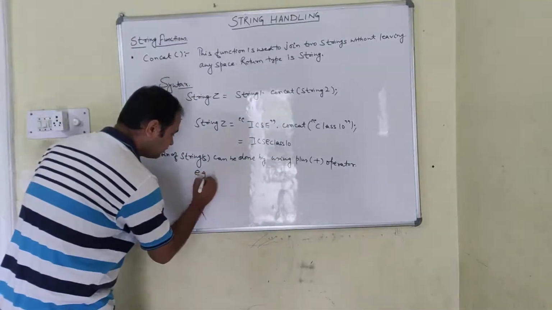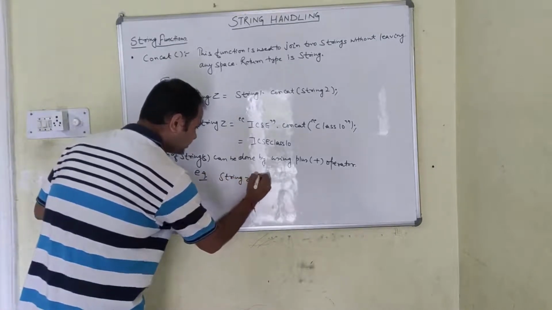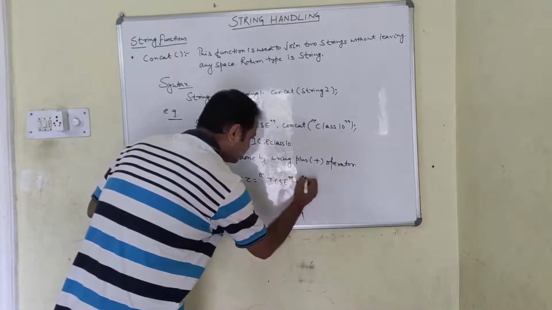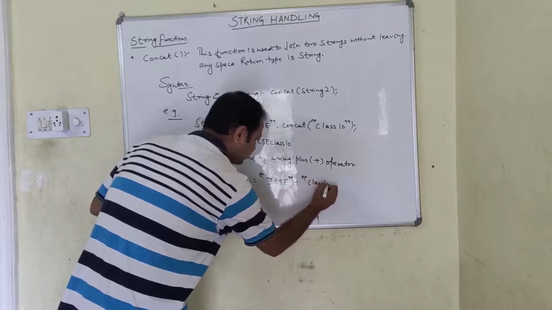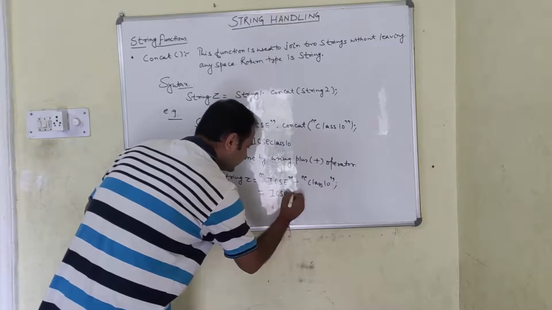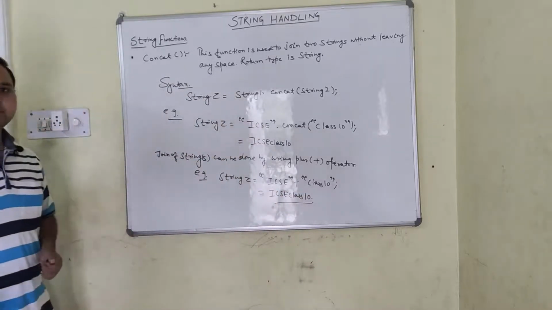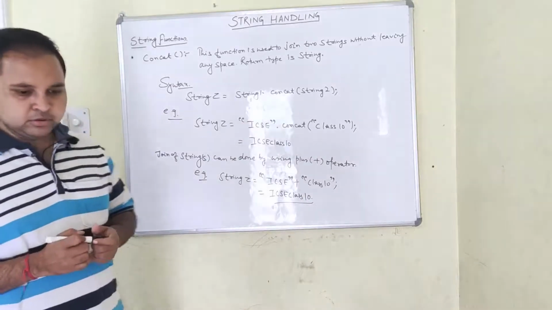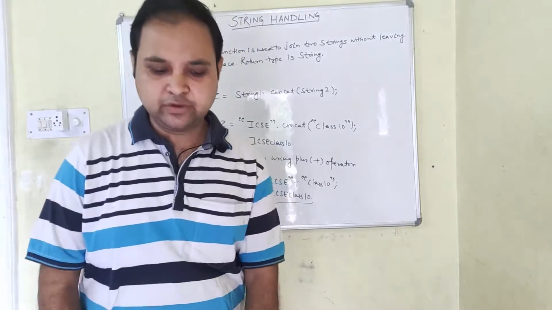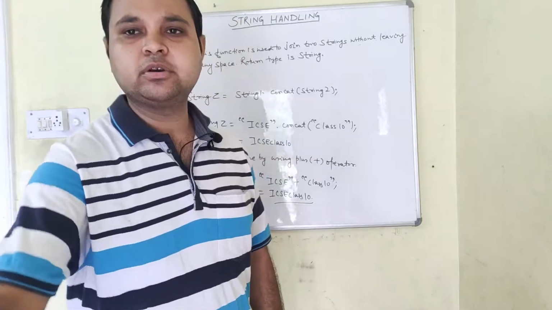For example, string z equals ICSE plus class 10. It will give you the output ICSE class 10. It will join together, merge, and store in the variable z. So these are the three functions. Now we will go to the next function, equals, and after equals we will go to equals ignore case.